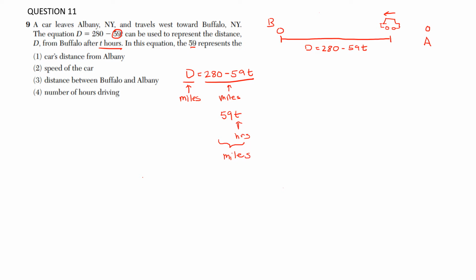So then let's put hours here, multiply that by what to make it equal miles. To make the hours cancel out, we have to put hours on the bottom, right? And to have miles in the result, let's put miles up top. And we can verify that this does indeed cancel out and give us miles. So we now know that 59 has to be in the units of miles per hour.